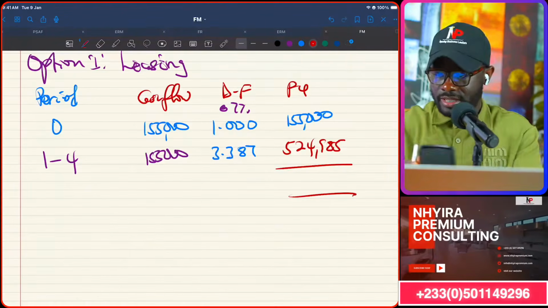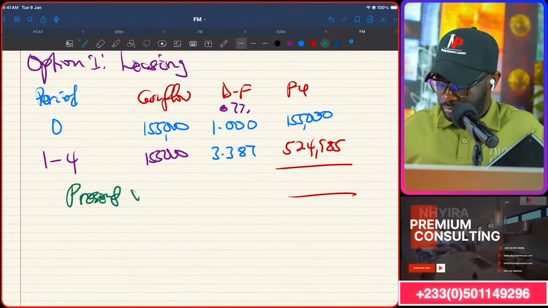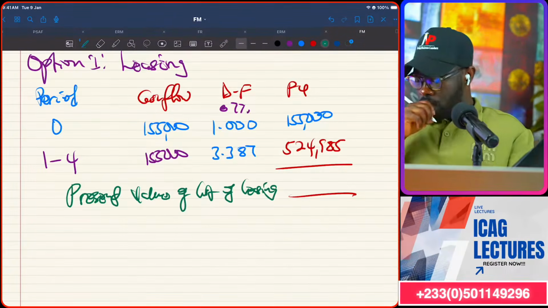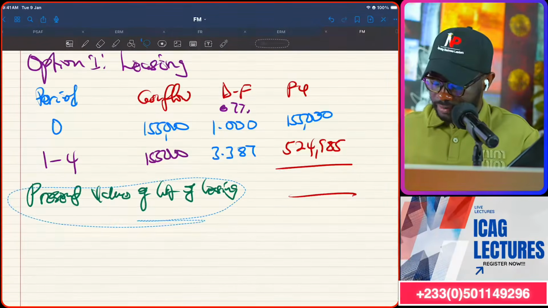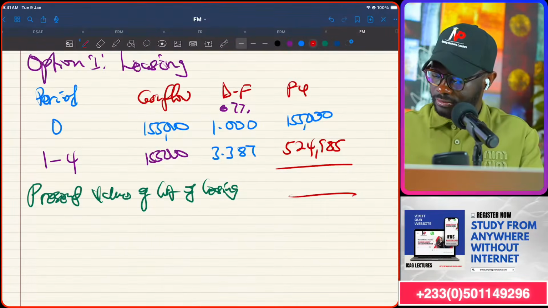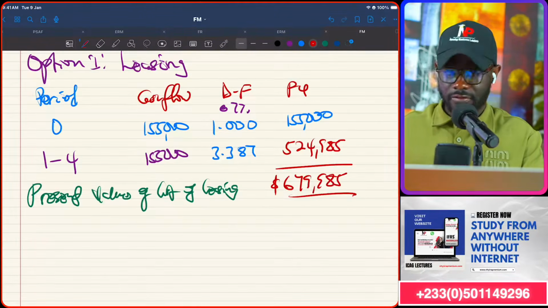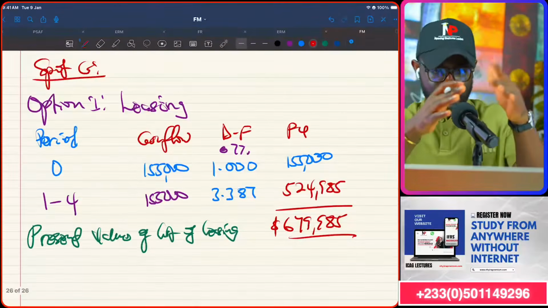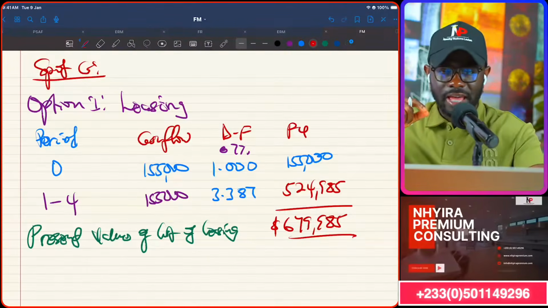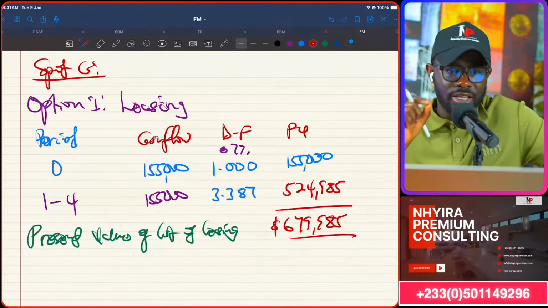So we add it up to get the present value of the cost of leasing. So plus 155,000, and that's going to be 679,985. So when we lease the asset, this is the flow. The only challenge here is paying attention to the timing of the lease payment.